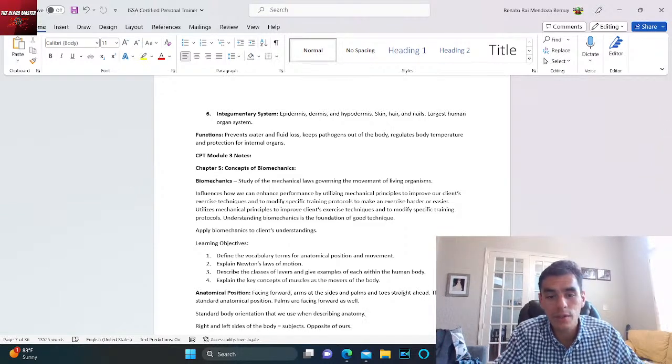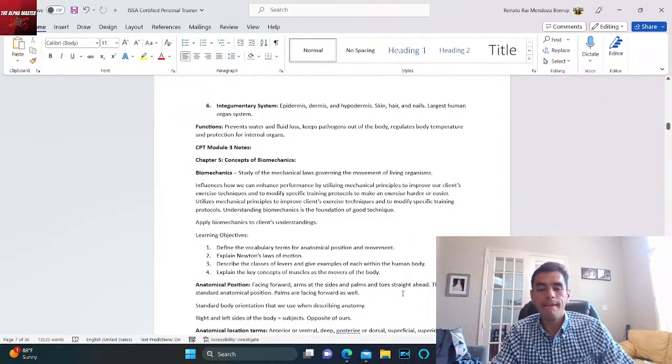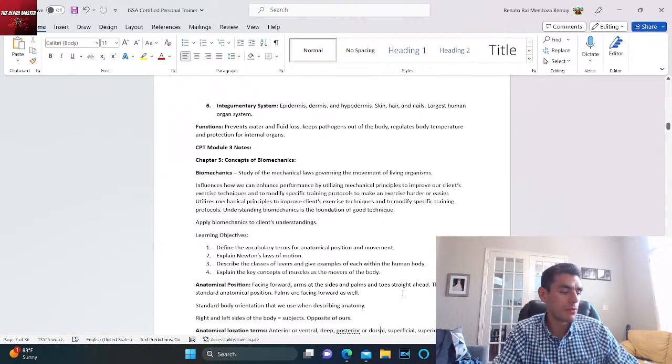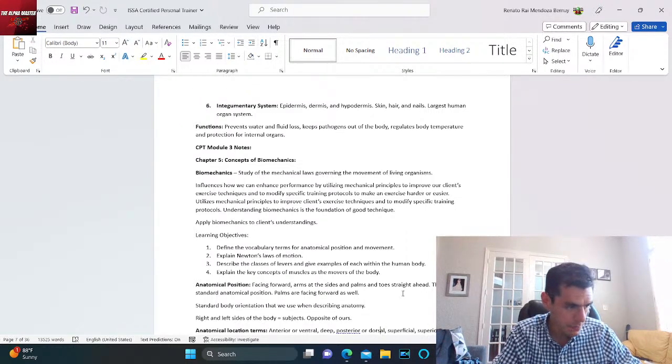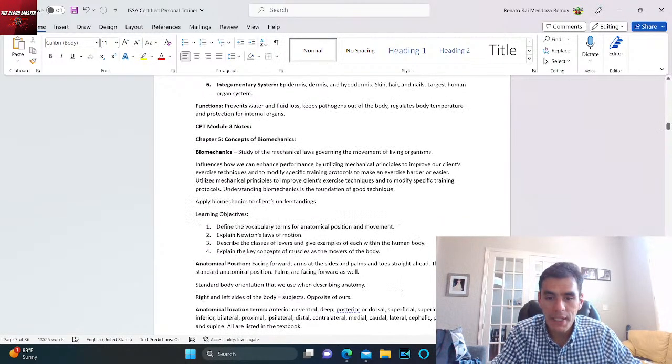The right and left sides of the body are the subject's opposite of ours. The anatomical location terms: you have anterior or ventral, deep, posterior or dorsal, superficial, superior, unilateral, inferior, bilateral, proximal, distal, ipsilateral, contralateral, medial, caudal, lateral, cephalic, prone, volar, and supine.